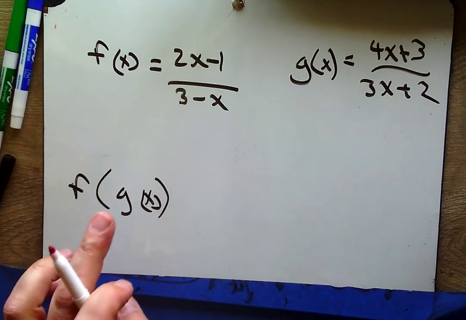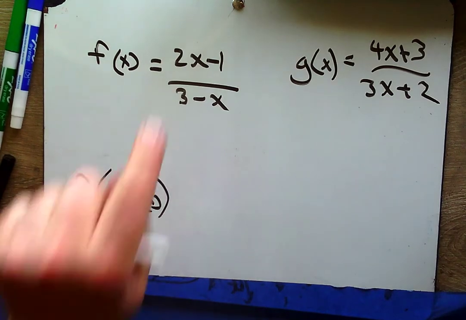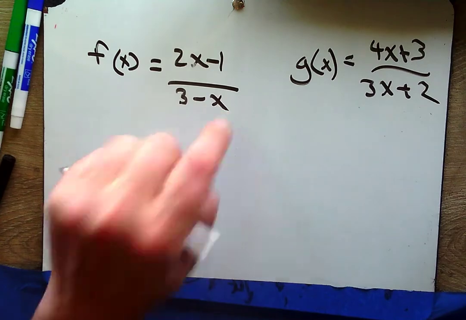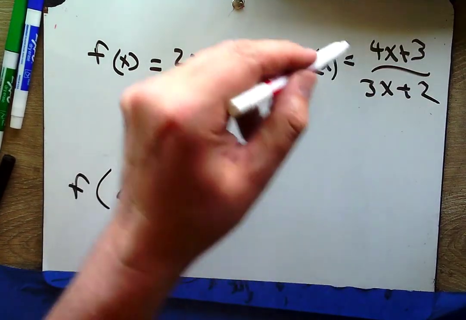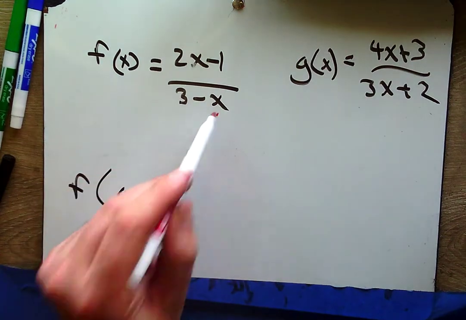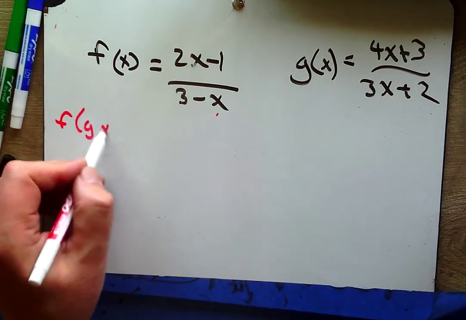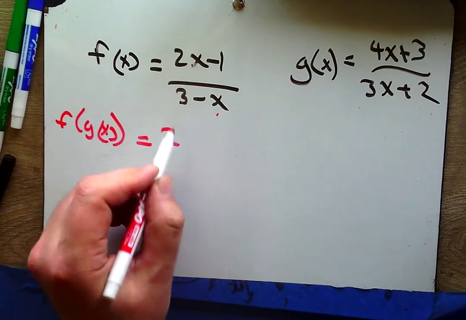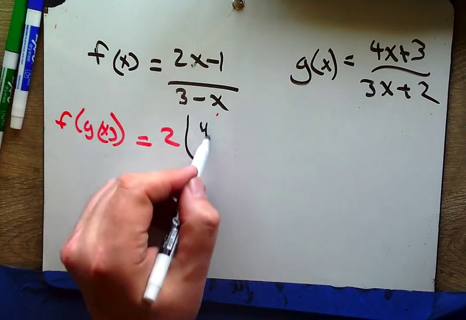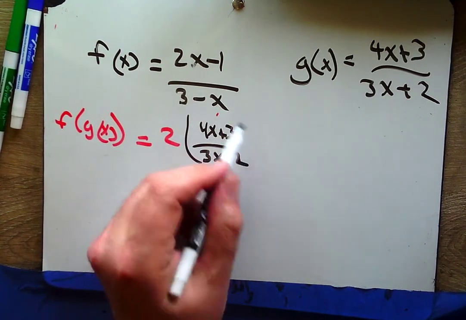Okay, I'm supposed to plug g of x into all the x's of f of x. Well, this is f of x, and here are the x's of f of x. So I have to take all this and plug it in there, and I have to take all this and plug it in there, because I'm doing f of g of x. I'm going to have 2 times 4x plus 3 over 3x plus 2.